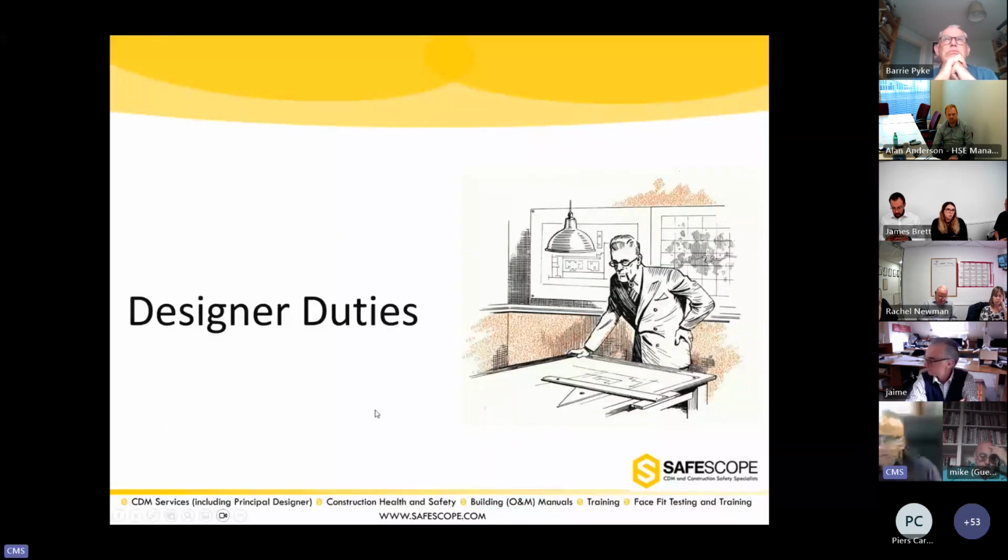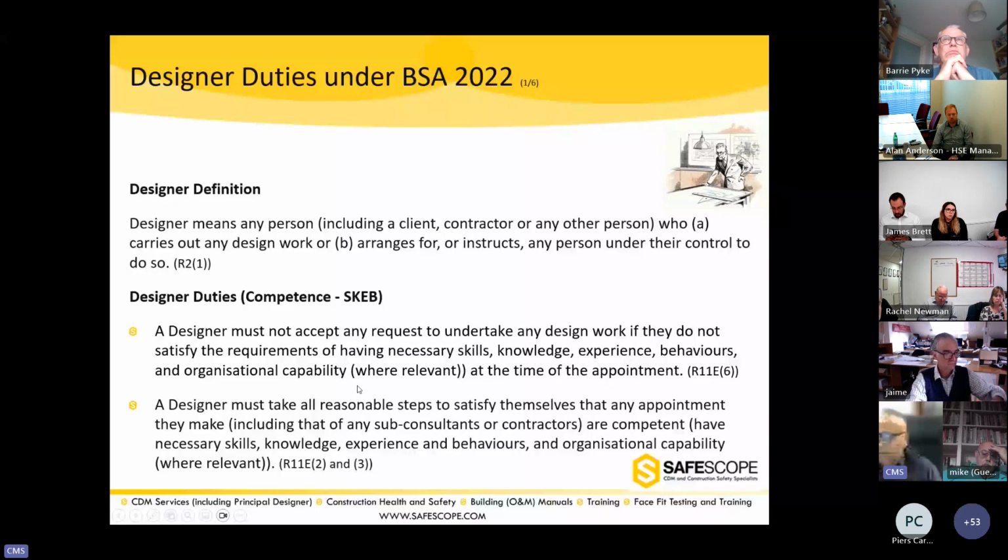Who is a designer? Designer means any person, including a client as well, or contractor or any other person who carries out a design work or arranges for it or instructs any other person in their control to do the design. Fairly straightforward. Now, designer duties, few are relevant to the competency.